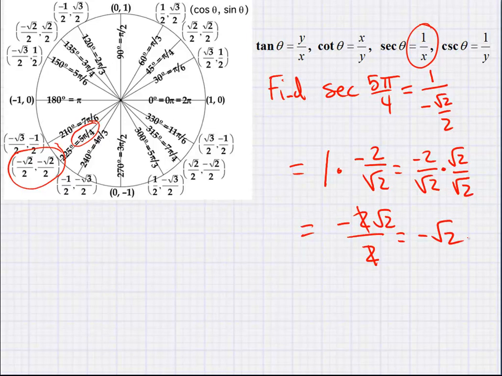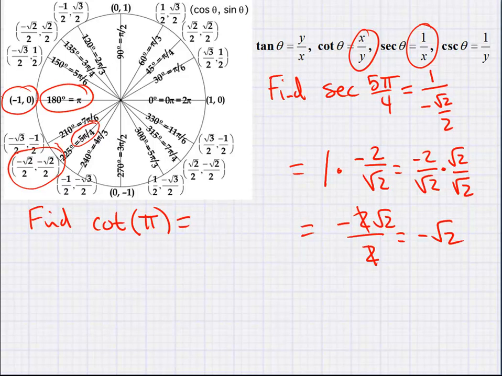So if you know your points, and you know how to define these four functions, you can do the same thing we've been doing all along with these four functions. But here's what you've got to watch out for. If I say find the cotangent of pi, cotangent is defined by x over y.